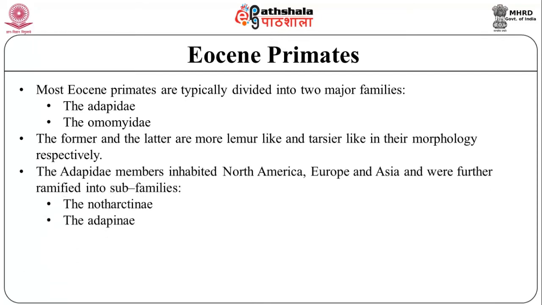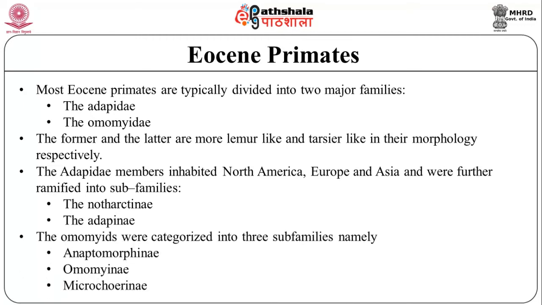The adapids inhabited North America, Europe, and Asia, and further ramified into subfamilies, namely the Notharctinae and the Adapinae. The omomyids were categorized into three subfamilies, namely Anaptomorphinae, Omomyinae, and Microchoerinae.